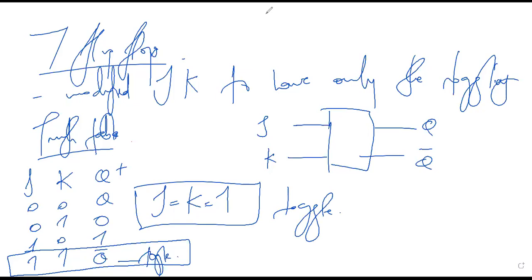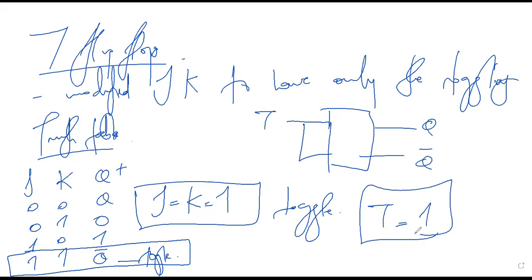So we replace these two inputs with one input, which is the same, and we rename it T. Now when T is equal to 1, it means our flip-flop is always toggling, because when it is 1 here, it is 1 here.